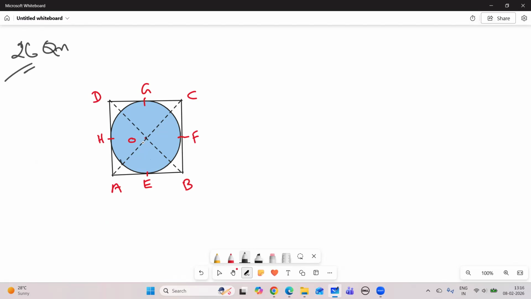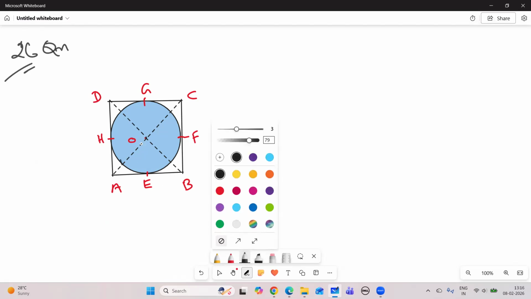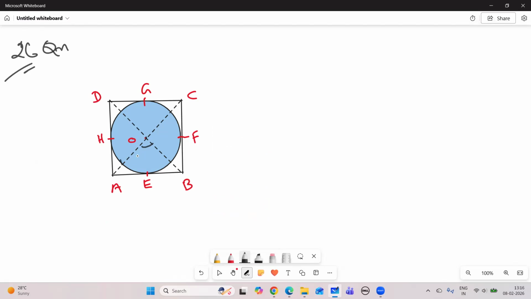So now, side AB subtends this angle at the center, that is angle AOB. Side CD subtends this angle, that is angle COD. We have to show that these two angles are supplementary, means their sum is 180 degrees.